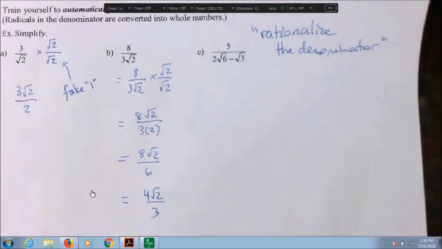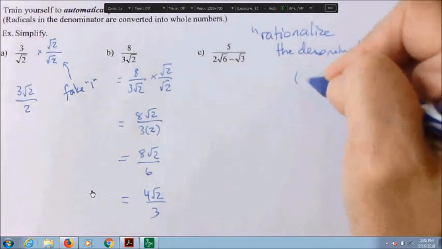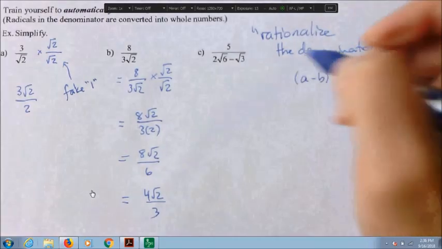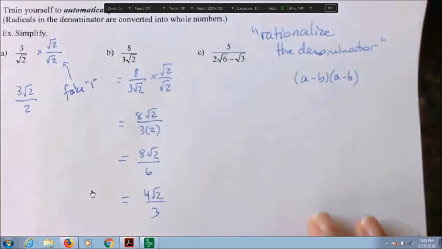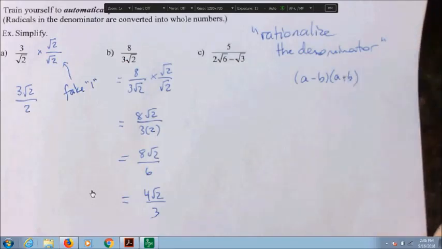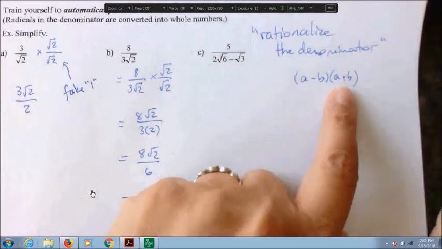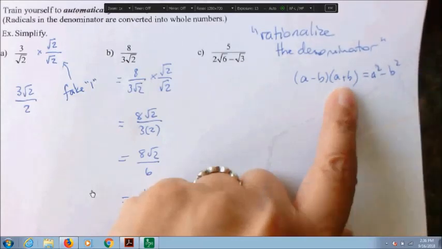And the last thing we need to talk about is what if there's a binomial in the denominator. So the way to rationalize the denominator is back to difference of squares. Right now, I have a minus b, and they are both radicals. But if I do difference of squares and multiply by a plus b, I'm going to get a squared minus b squared.